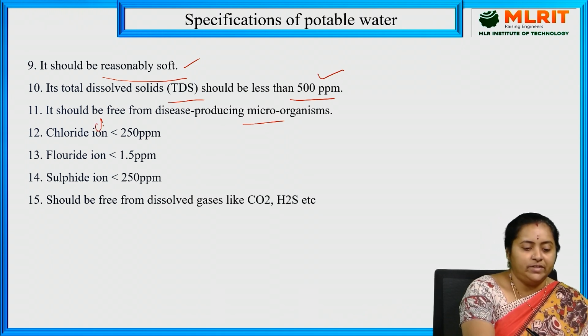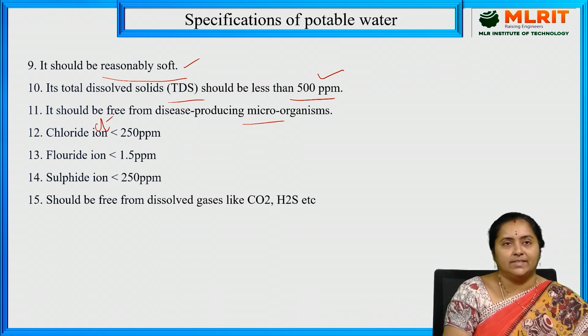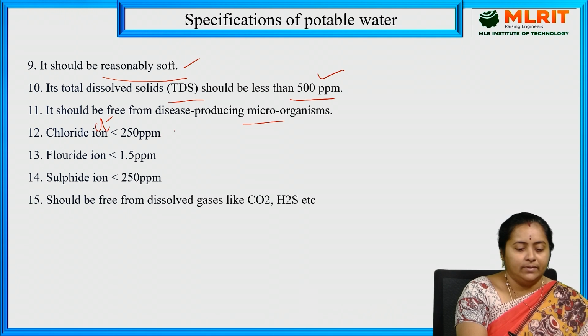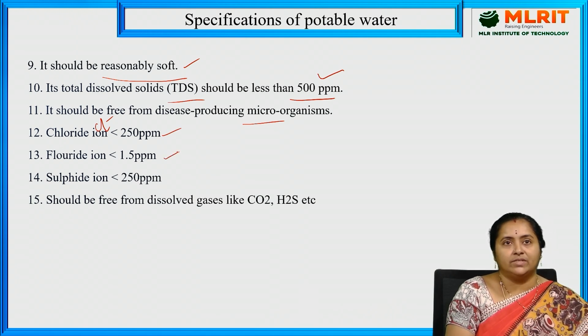If it is the case of chloride ion, it should be less than 250 ppm. The amount of chloride ion present should be less than 250 ppm. Fluoride ion content, if present in excess amount, crossing its permissible limit of 1.5, is highly hazardous to human beings. So, it should always be low, less than 1.5 ppm.